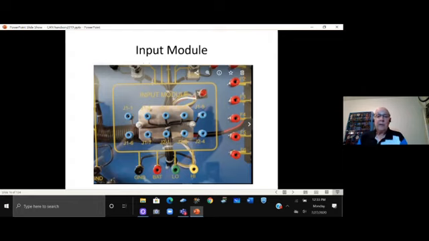So what you're trying to show a student is an input module, like any other module, needs to have power and ground, and it needs to have communication capability, which is CAN, and if it's high-speed, CAN high, CAN low. The blue plugs that you see there give you the ability, if you're going to use this trainer, to show a student what's actually happening inside of the module. You're probably going to use a scope, but anyway, okay?